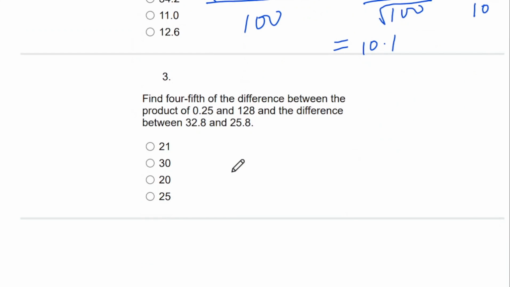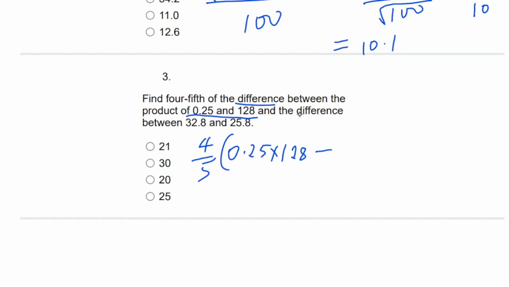So the third question is, find 4/5 of the difference between the product of this and this, that is 0.25 times 128, minus, because the difference between what?